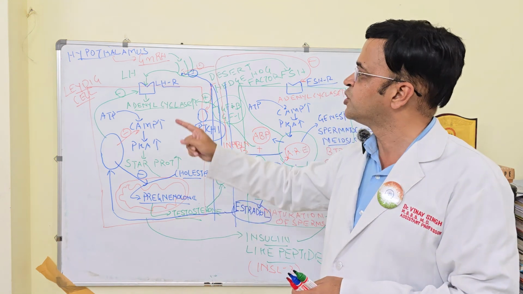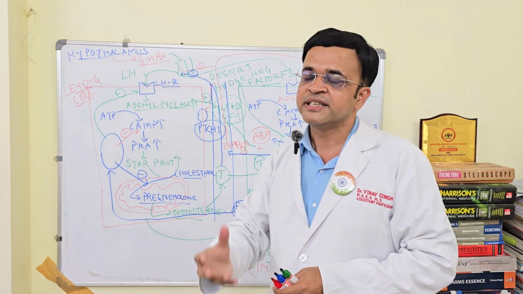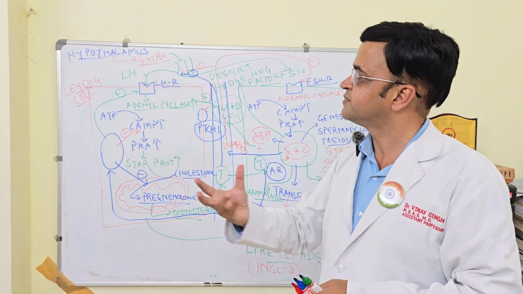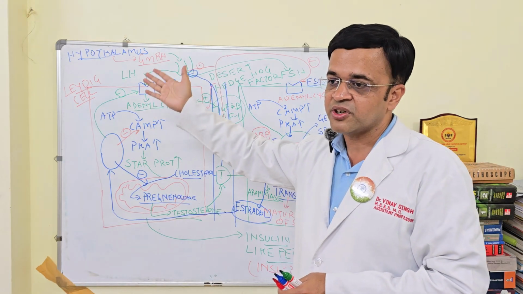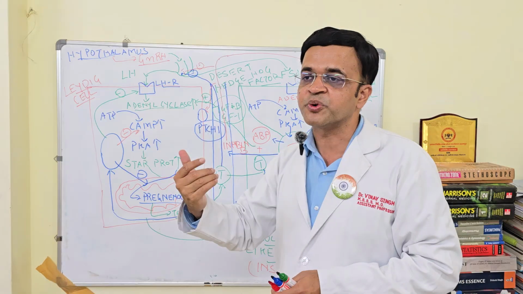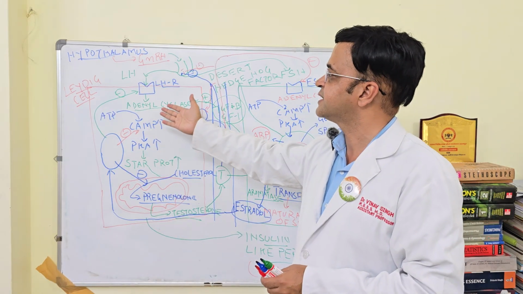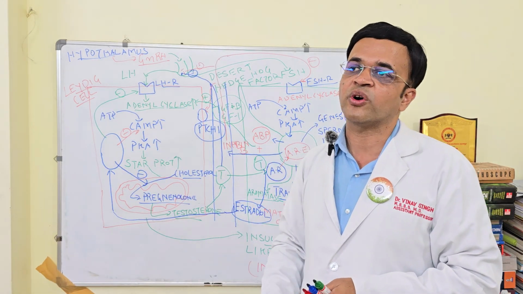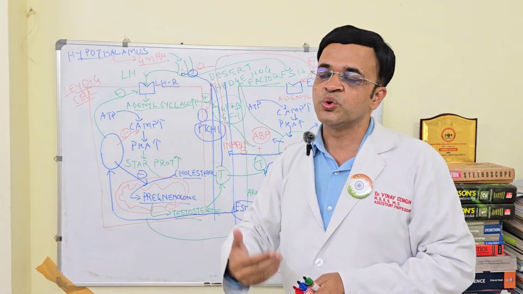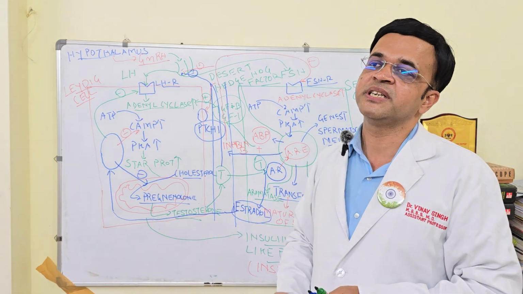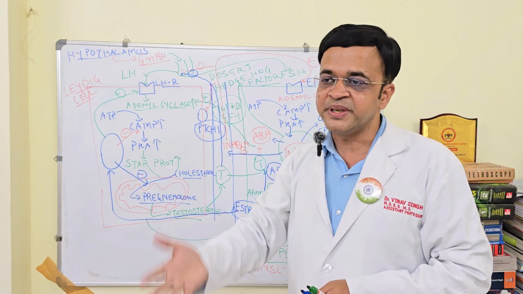The LH is going to act on Leydig cells. The LH hormone receptor on the Leydig cells is basically a G protein coupled receptor, right? It is going to increase the quantity of adenyl cyclase. It will convert ATP into cyclic AMP. Cyclic AMP will further increase the level of PKA.